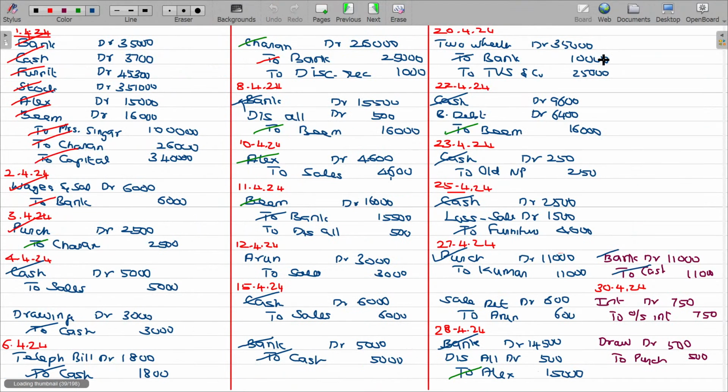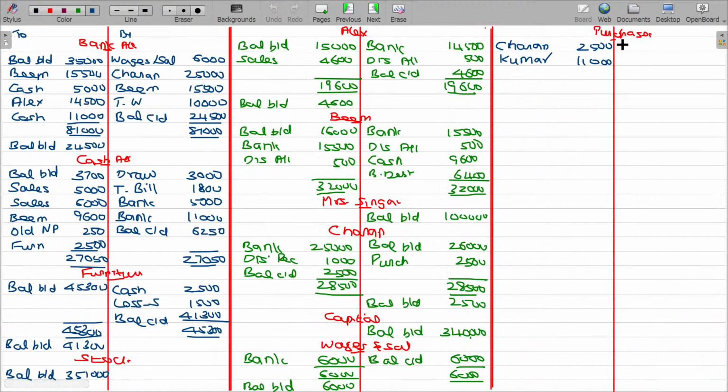Then apart from that, we have only the last transaction, by drawings. The value being 500. Finish up by tallying this, 13,500. 13,000 rupees will be your balance carried on. Balance brought down will be 13,000. Okay.